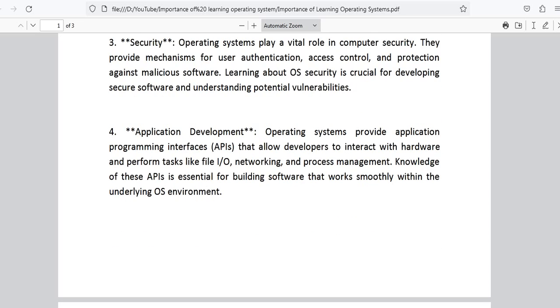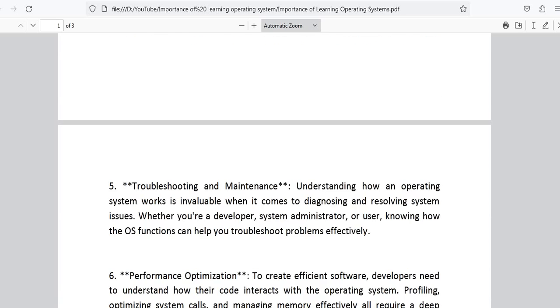Number 4, application development. Operating systems provide application programming interfaces, or APIs, that allow developers to interact with hardware and perform tasks like file I/O, networking, and process management. Knowledge of the APIs is essential for building software that works smoothly within the underlying OS environment.